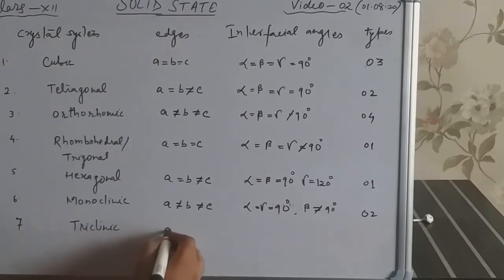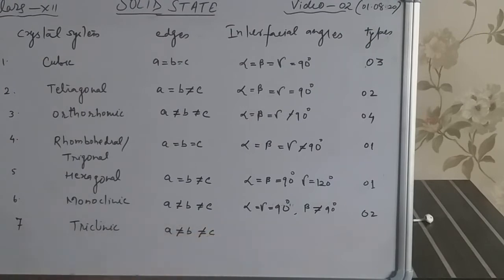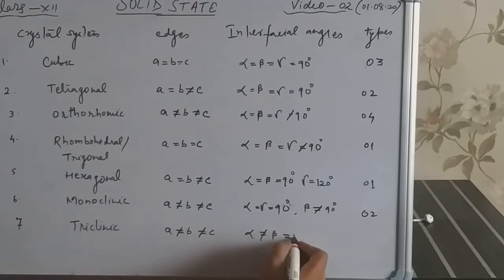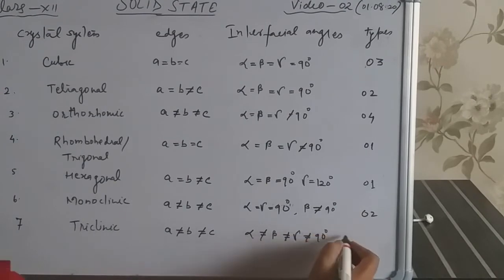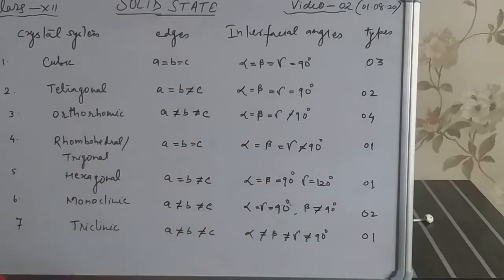In triclinic, a is not equal to b and b is not equal to c. Here alpha not equal to beta not equal to gamma, not equal to 90 degrees, and the number of unit cells found is 1.